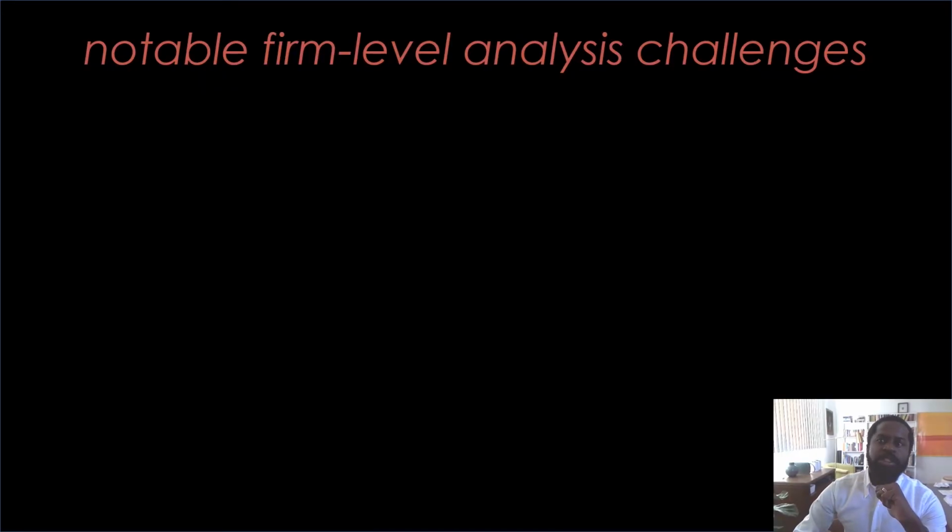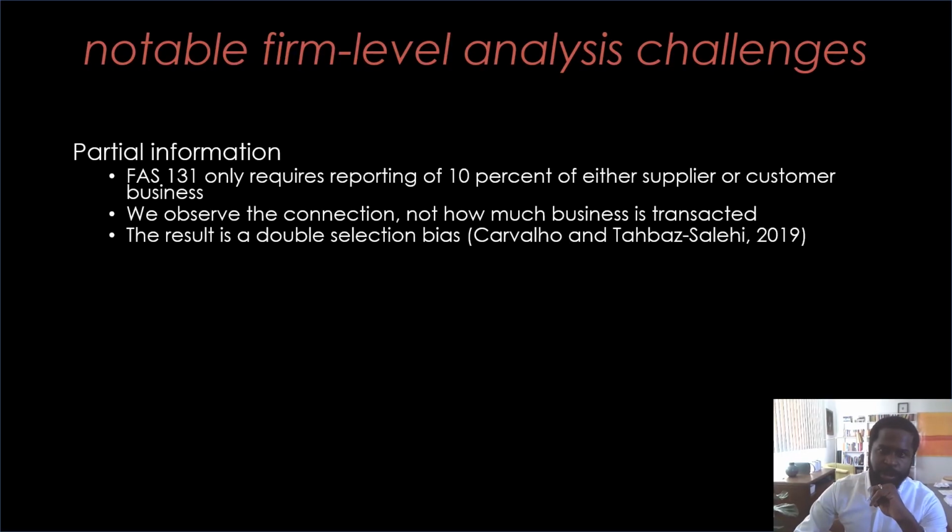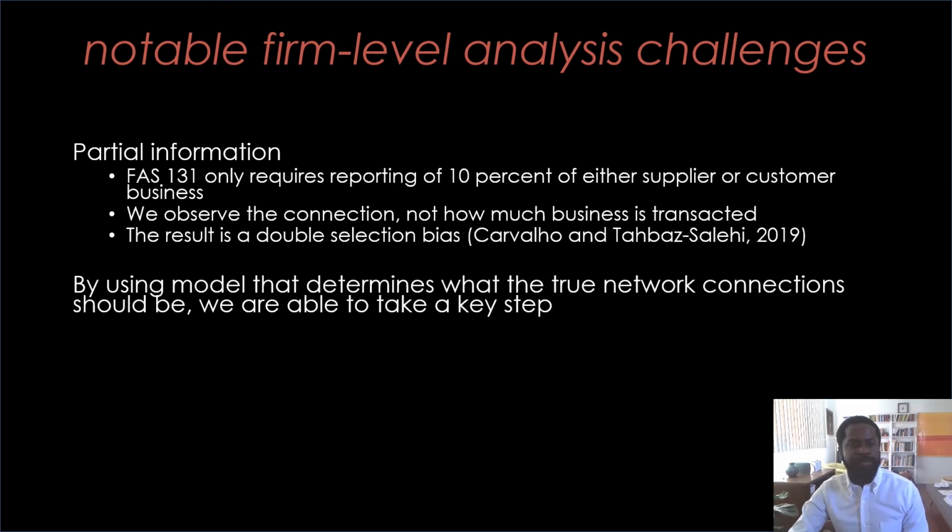So there are notable challenges in firm-level analysis, right? I've mentioned this a couple of times, but it's a big problem. This accounting standard only requires reporting of firms which are 10% of revenue, and so we observe the connection, but not how much, and this leads to a double selection bias, which Carvalho and Volatility pointed out in the paper last year, and I think it's been the great hindrance to actually doing firm-level analysis in the United States.